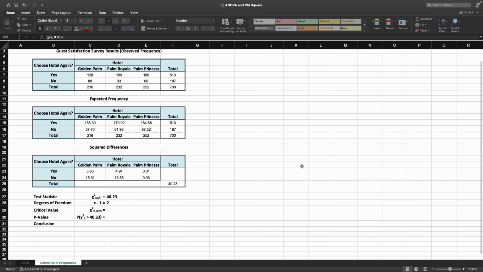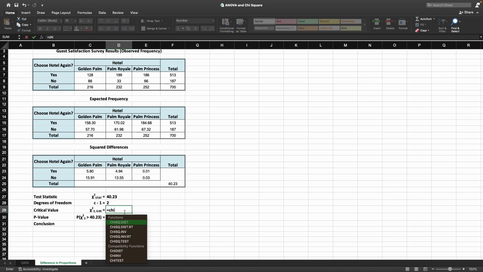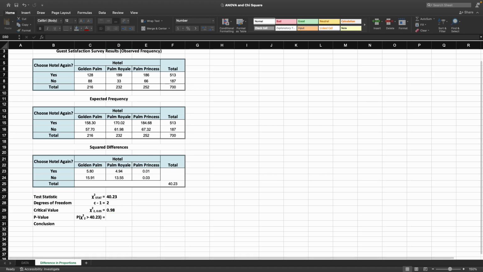We're going to do chi-squared inverse RT. So just do equals chi-squared dot inverse dot RT. Probability is our alpha, 0.05, comma, degrees of freedom is 2, close parenthesis, and that is not correct.